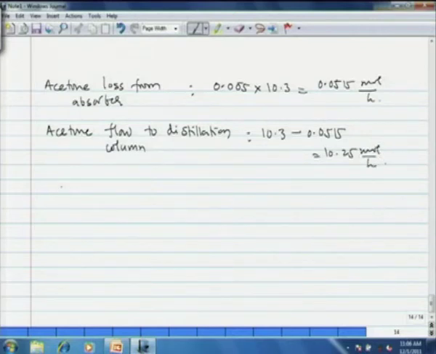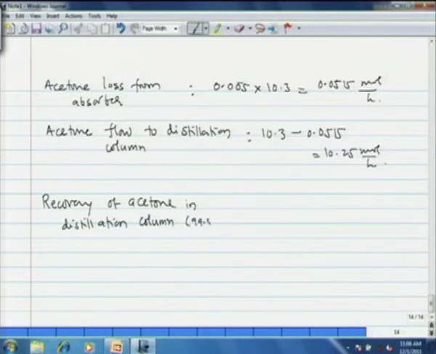and out of this acetone the recovery in the distillation column is again 99.5%. And thus the acetone that is recovered as distillate is 10.2 mole per hour.